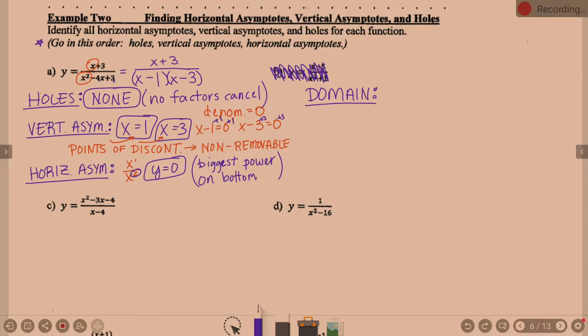So, all reals except x equals 1, and x equals 3. And actually, I'm just going to put a comma between them. So all reals except x equals 1, x equals 3, and that's because those were my vertical asymptotes.